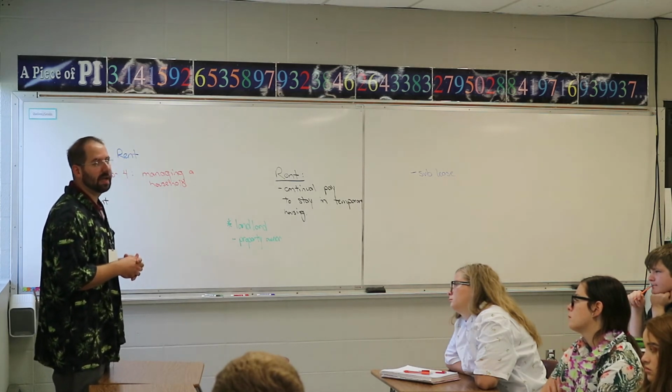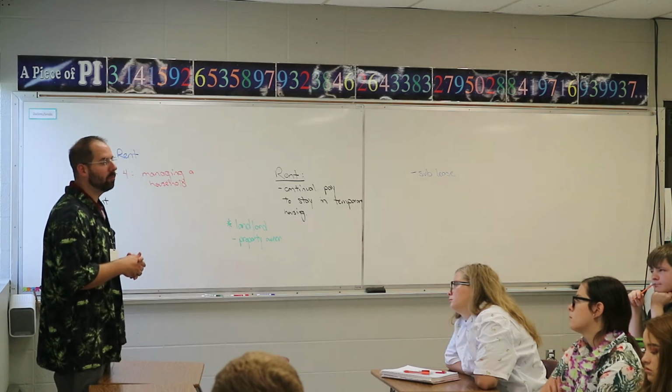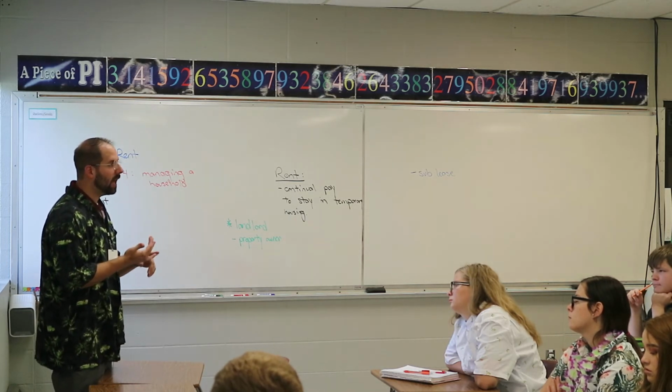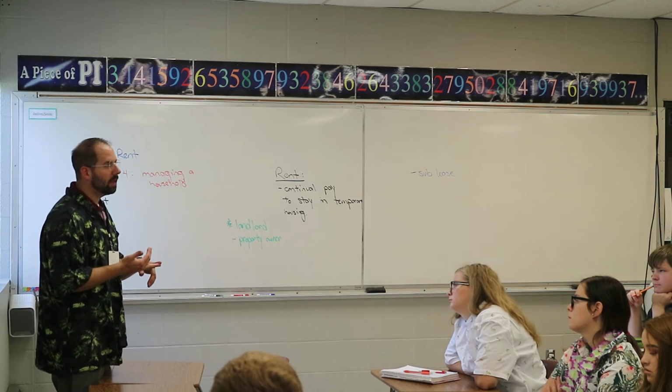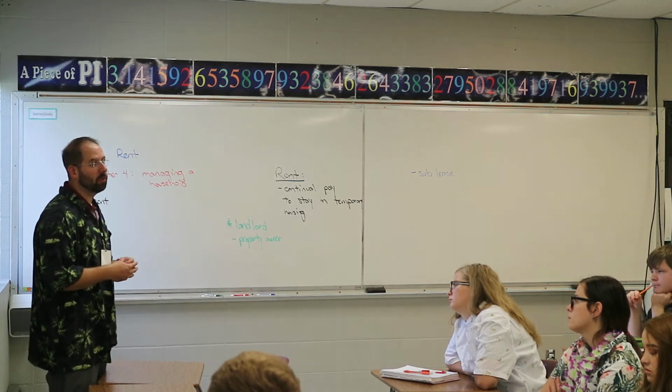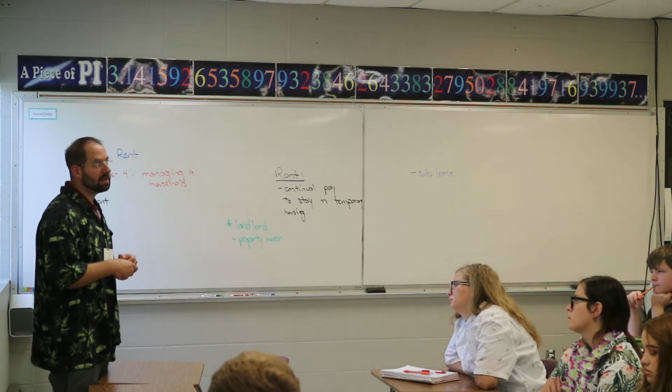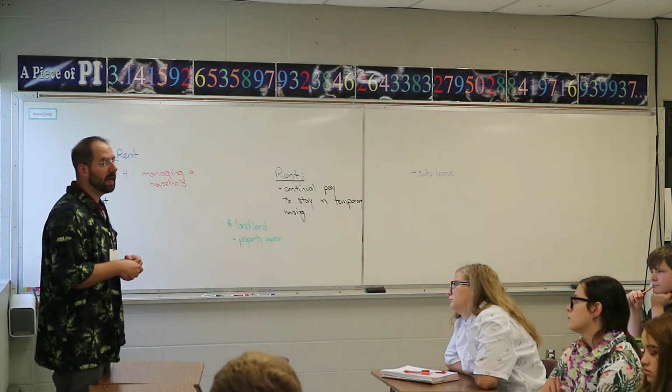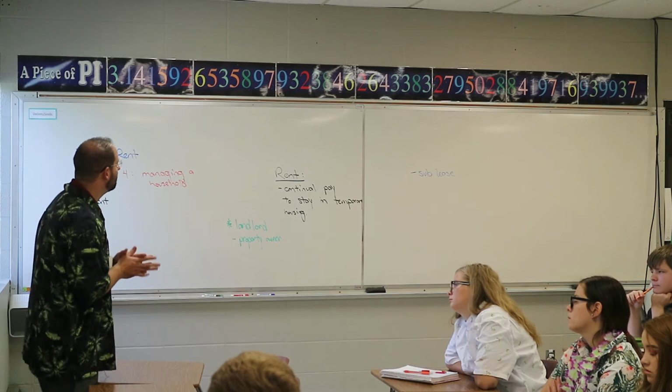Because you should contact them to see how the landlord is. Are they around a lot? Is anything broken that you don't know of? Especially those last people that moved out, maybe they broke the washer and dryer and didn't tell anybody. You need to know that ahead of time so that you don't get charged.